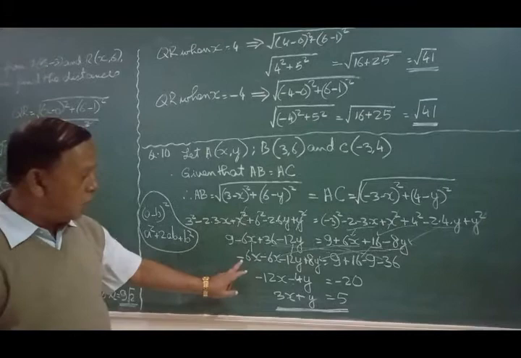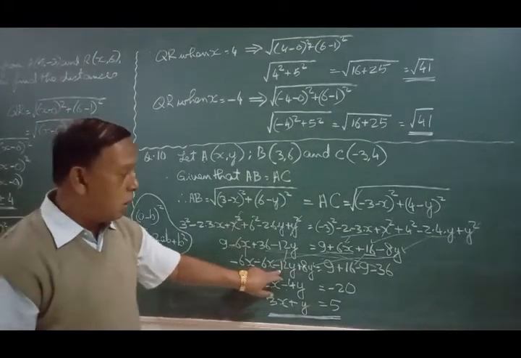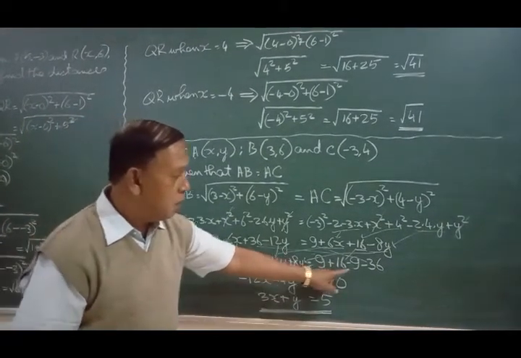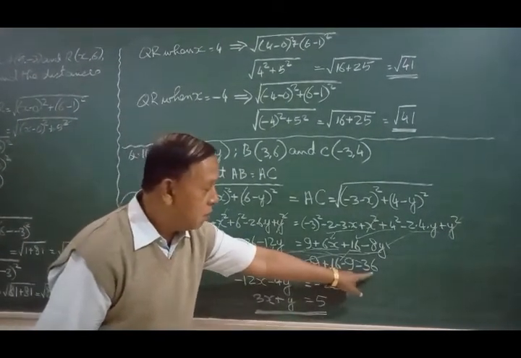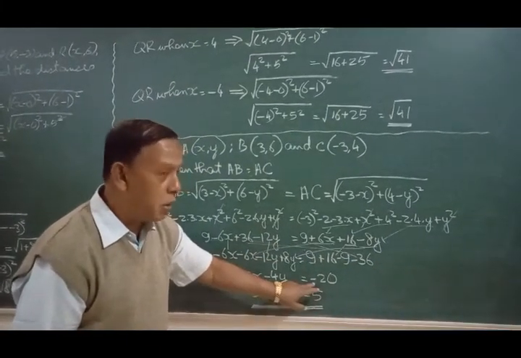And then therefore, minus 6, minus 6, minus 12. Minus 12 plus 8 is equal to minus 4. 9 minus 9 cancel. Minus 36 and here 16 is equal to minus 20.